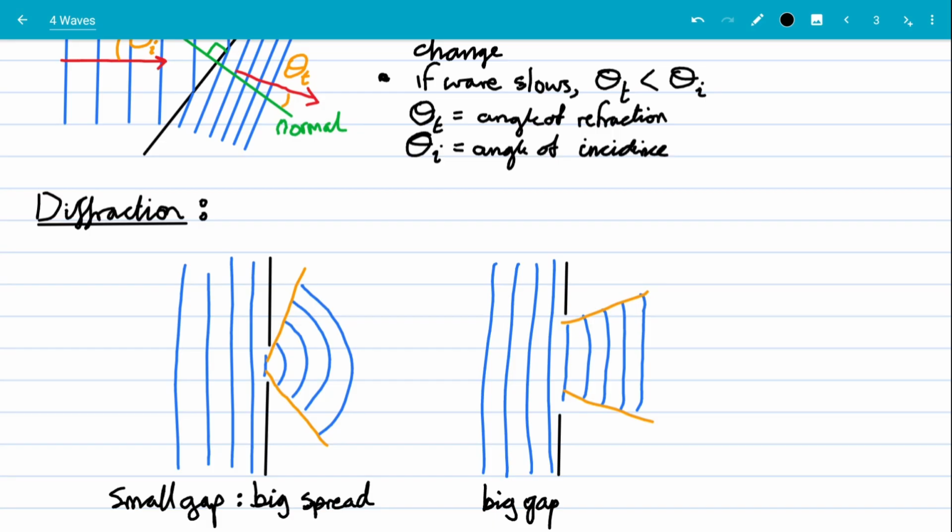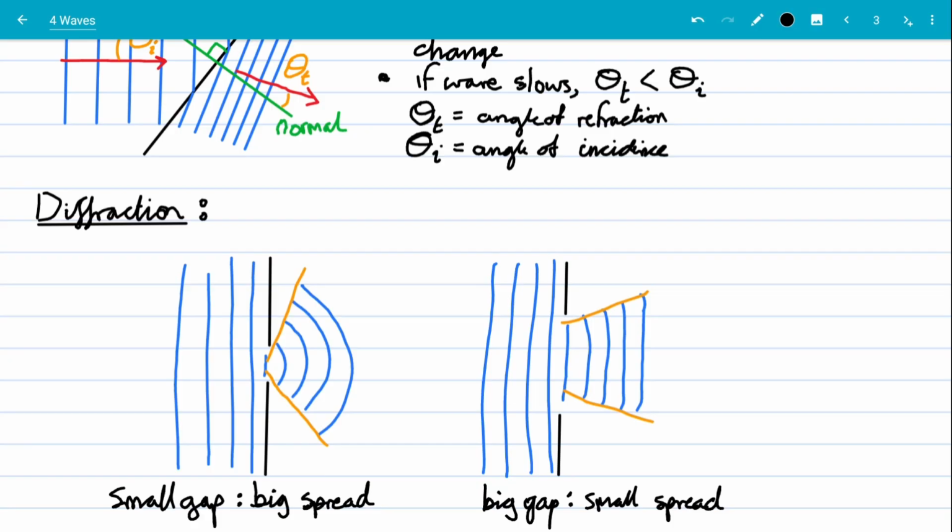And this is relative to the wavelength. Small spread. Now, you've got to believe that we're going to be talking about diffraction in a lot more detail later on. But this is the general example of what diffraction is, this apparent spreading of the wave. And I'll leave that there.